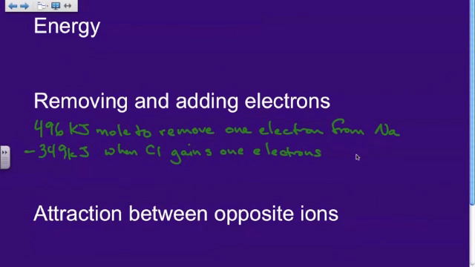In this case, oddly enough, taking that electron away from sodium does make it, to some degree, more unstable because it is now an unbalanced charge, a positive charge with a negative charge.